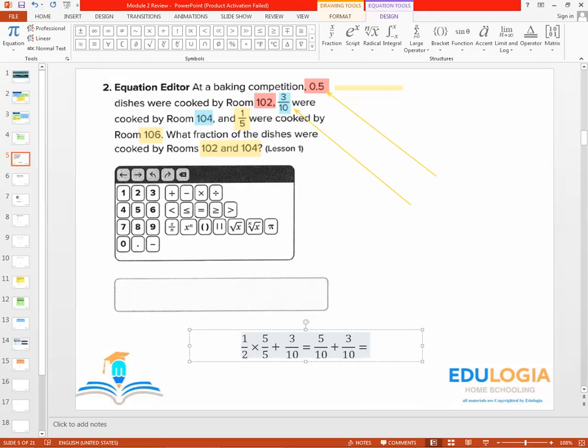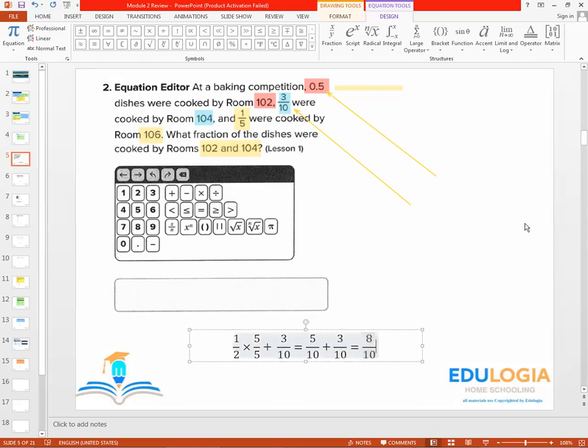You have to add 5 and 3 only. It's 8. No addition down. Don't add the tens. So it's 8 over 10. He needs the fraction, here we have it.